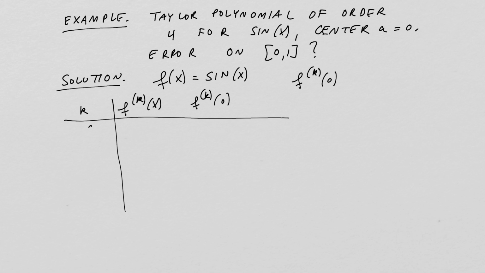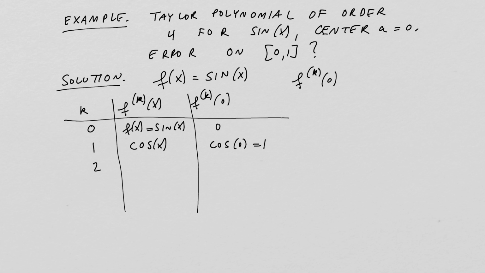If we have the 0th order derivative, it means that we take the function itself. So that's sine of x, and the value of sine at 0 is 0. If we take the first derivative, derivative of sine will be cosine. Cosine at 0 is 1. The second derivative of our function is the derivative of cosine, that means minus sine of x, and the value of that at 0 is 0.